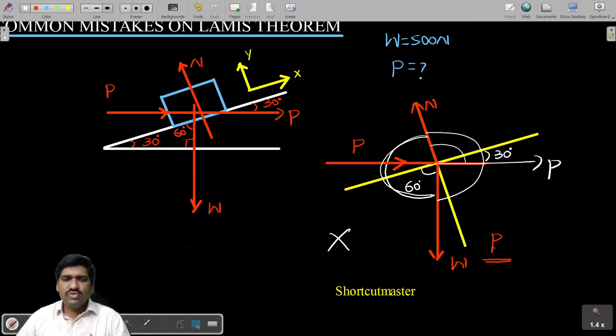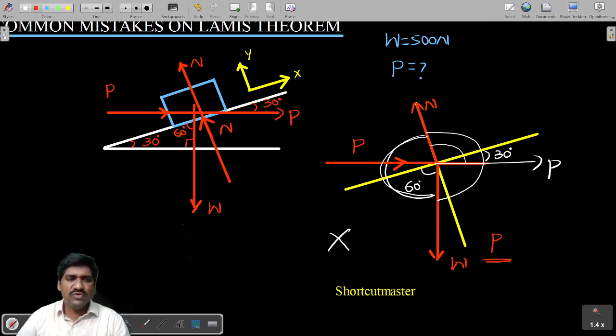All of you, one more point also I want to say. N is actually acting at the surface of contact. Here N will be acting here. N will always be acting at the surface of contact only. But what you are doing, you are transmitting this N into the body upward, or not.